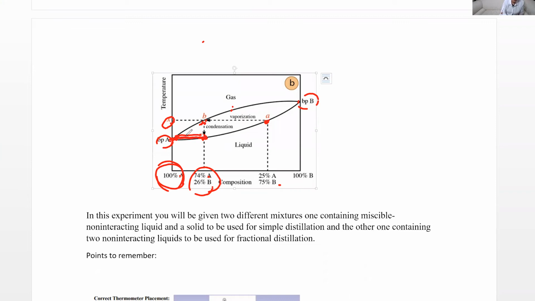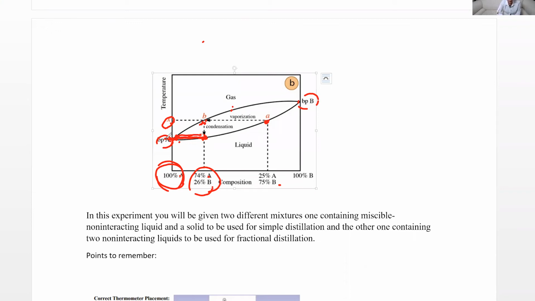There's another vaporization and condensation, or maybe a third one or more, depending on the height of the fractionating column and the contact surface area inside the fractionating column. You could have multiple theoretical plates, and each theoretical plate is known as one set of vaporization and condensation. The greater the number of those, the more efficient the separation by fractional distillation would be.